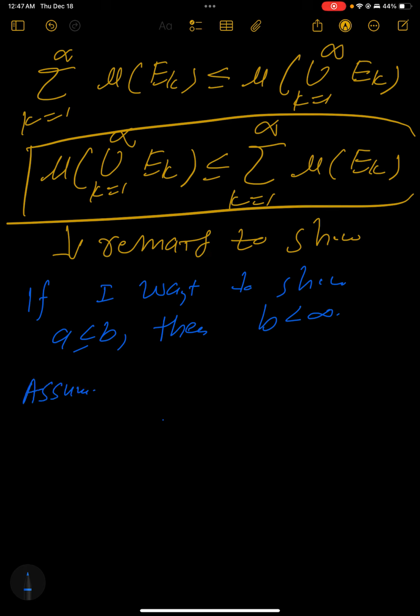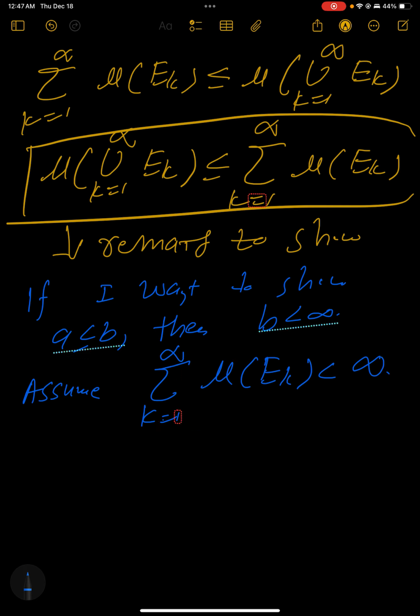Assume that the sum of k equals 1 up to infinity of the measure of E_k is less than infinity. If the sum of a series is less than infinity, this means that the series is convergent.